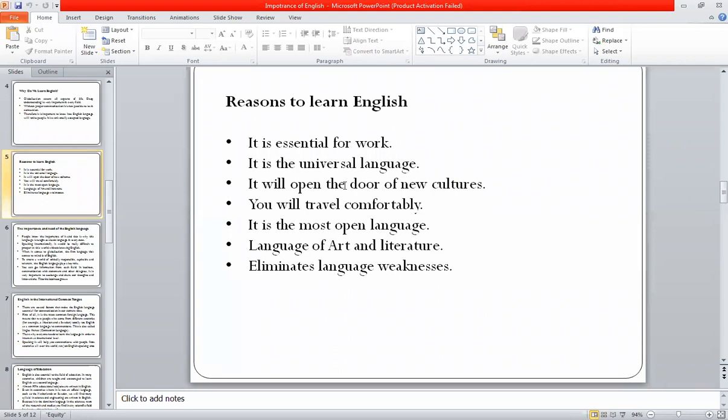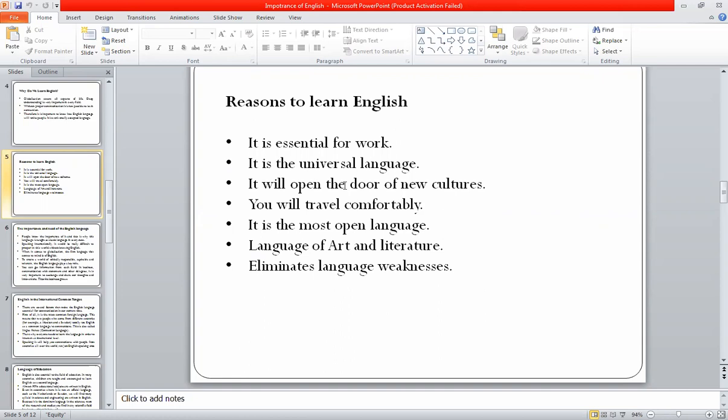It is also called a lingua franca. So that's why English made it easy to learn the different cultures and different traditions of the different countries. Okay, so that's why it becomes important.